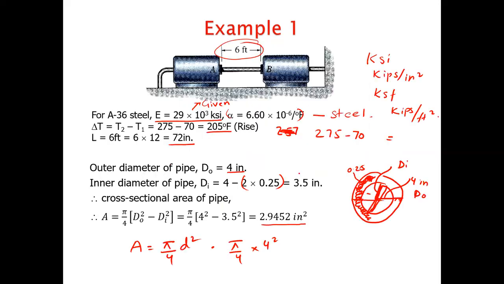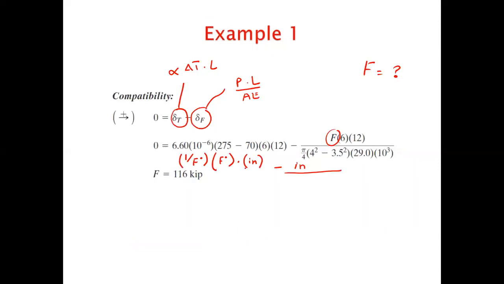We have calculated the area here, which is 2.95445 inches square. Here they write it again, but okay. What is the unit here? Inch square, multiplied by E. What is the unit of E? KSI, which is kip per inch square.